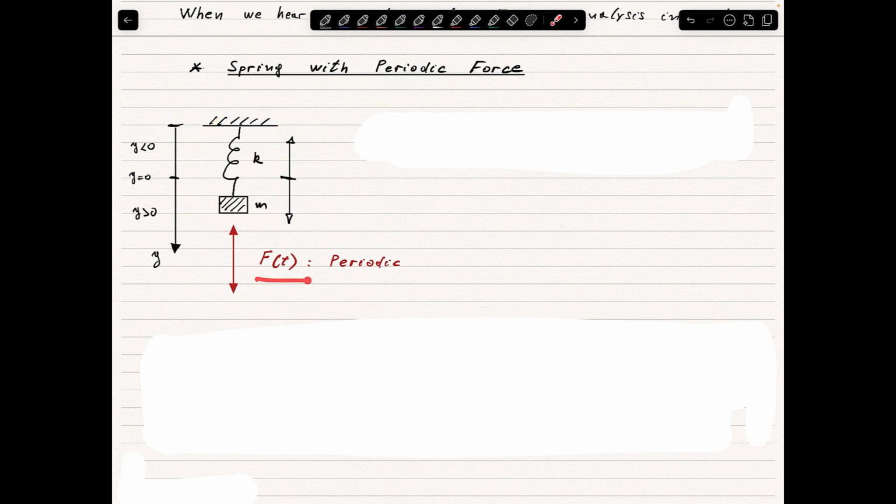That depends, of course, on what type of periodic force we have. A couple of things we need to mention: when there is no force acting, the system oscillates with a specific frequency that depends on the spring constant and the mass. This is called the natural frequency of the system, and is given by the square root of k over m.